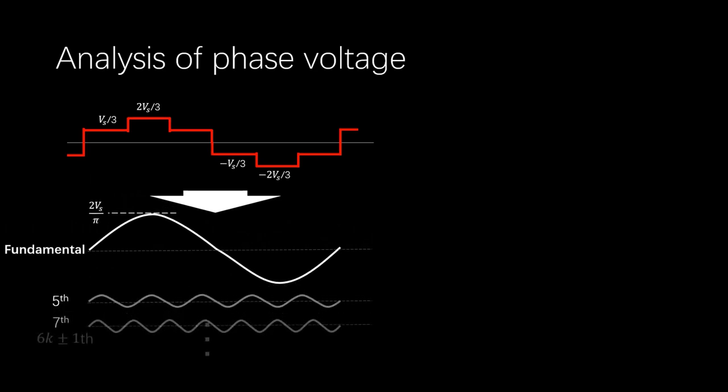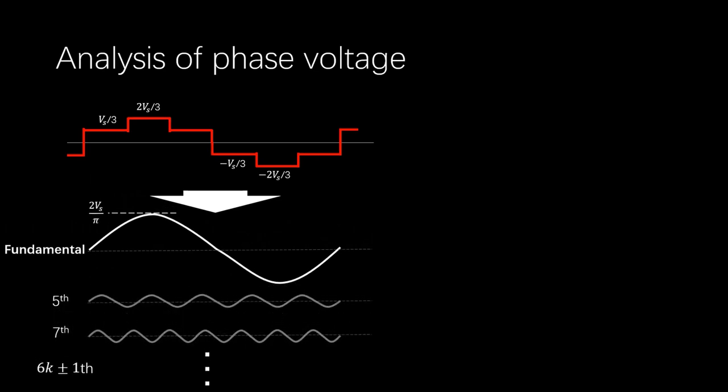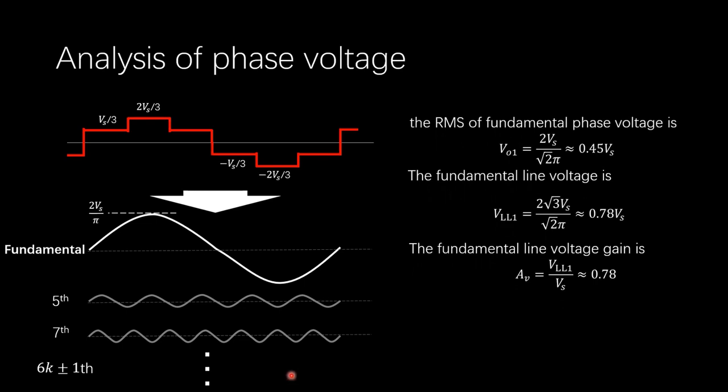With the Fourier series expansion, the phase voltage can be decomposed into the DC component and the harmonic components. The RMS value of the fundamental phase voltage can be derived as this, which is about 0.45 Vs. The line voltage gain is about 0.78.